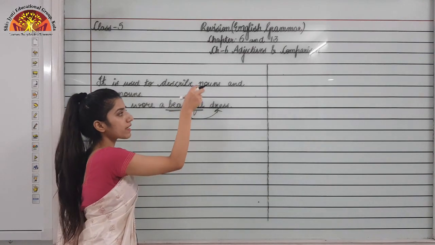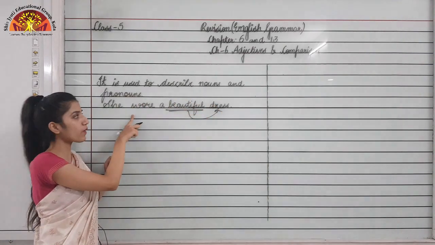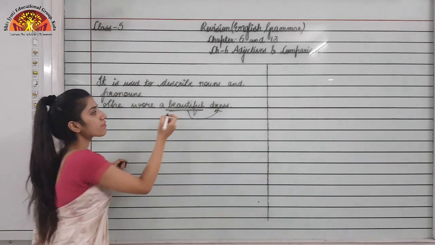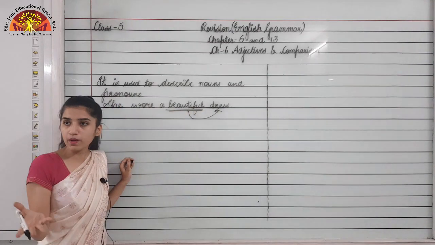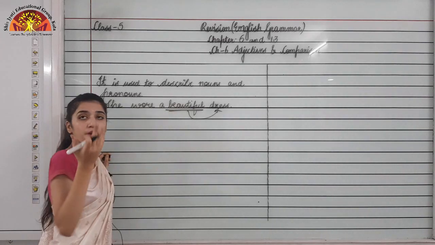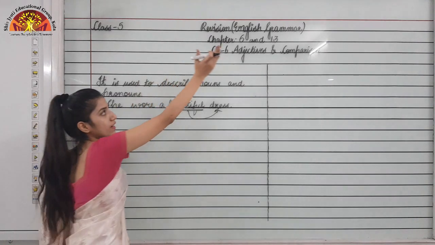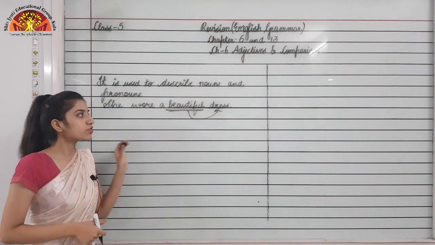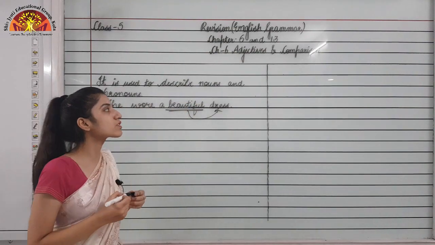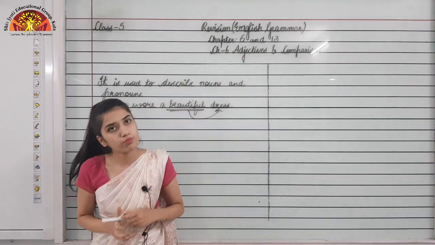This is describing the dress she is wearing, right? So because of that, this is a describing word, and describing words that describe nouns or pronouns are adjectives.